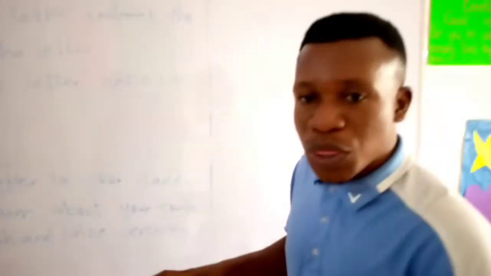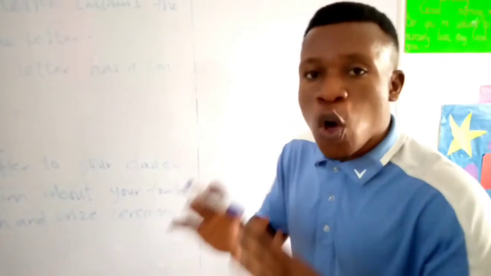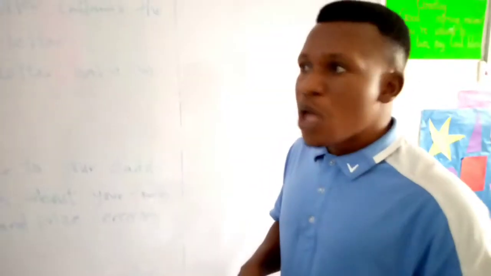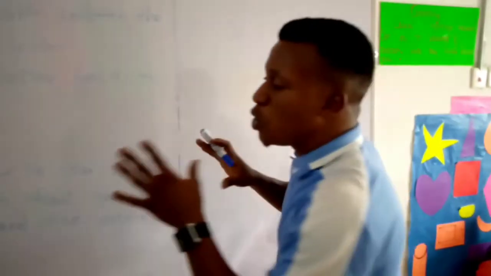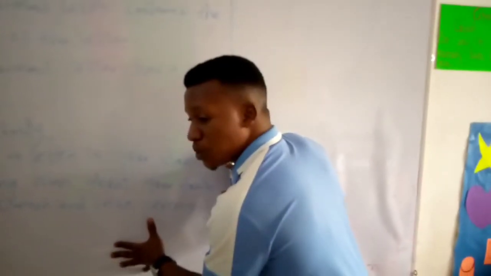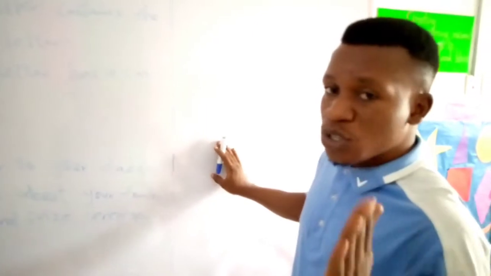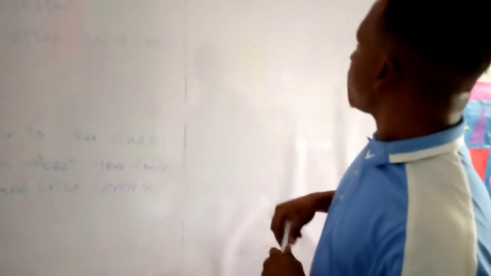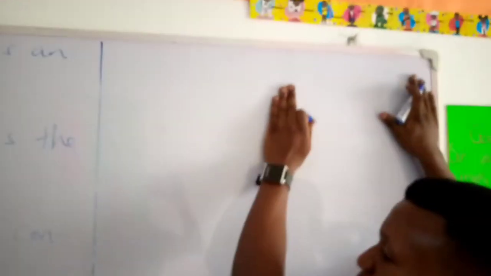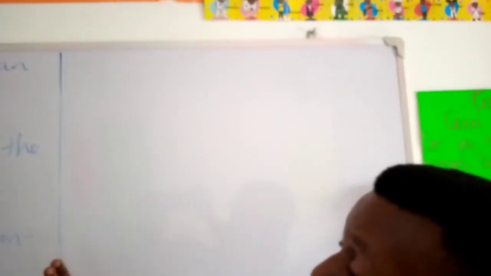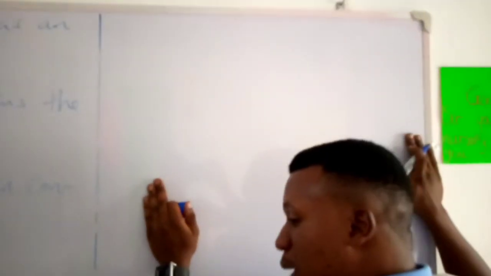Now, to start with, you must write your own address. I will write my address because I want to attempt writing this letter, which I know you're going to attempt doing too at your leisure time. Now, to start with, I'll write my address at the top right hand corner of my booklet. I assume this board to be my booklet.